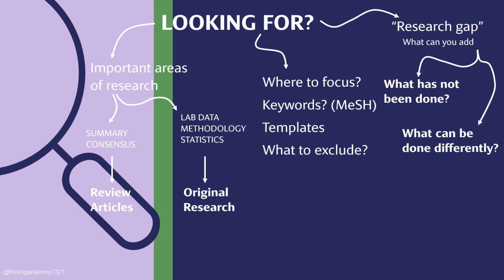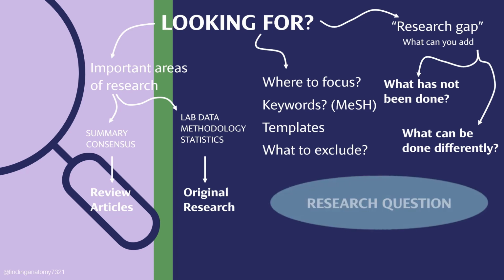So you're doing things a little bit differently, and you can either try to establish that your method is more accurate, or you could just look at what the correlation is between what you have measured and what was measured radiologically. So it's just about adding something which has not been done, or doing things a little differently. So that's how you add to what has been done. Once you've identified this, you arrive at your research question, which is exactly what the intention of your research is.